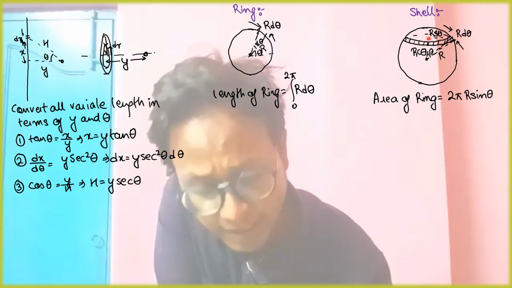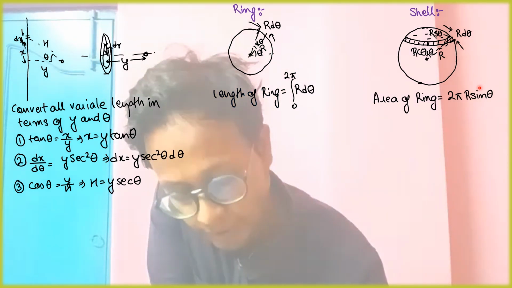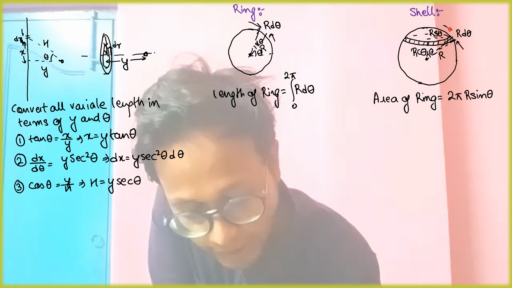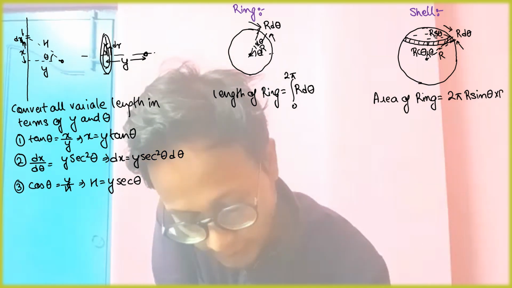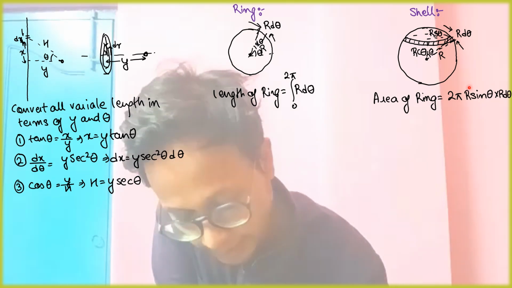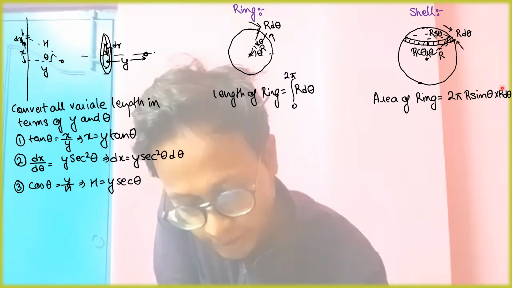The radius of the ring is r sine theta, not capital R. So area of the ring is 2 pi r sine theta, the perimeter of the ring, into thickness. What is the thickness? Into r d theta. This entire thing is the perimeter of the ring, and this is the thickness.